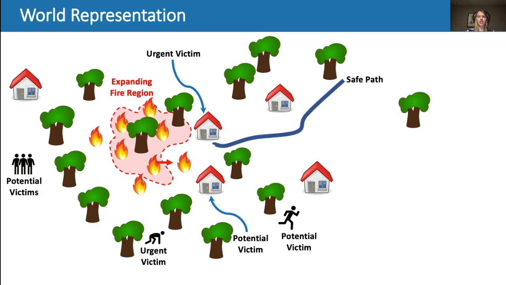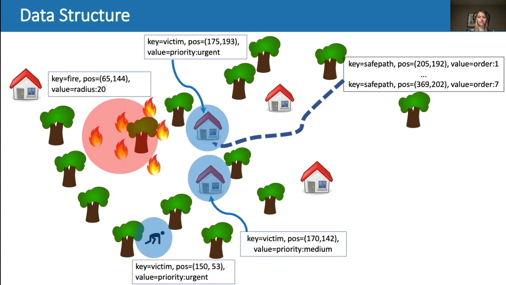We proposed a shared data structure that facilitates the collection and management of data in a distributed fashion. The data we consider can be of different types, such as an expanding firefront, a safe path, or victims to rescue. Together, this data forms a shared world representation that changes in time and space.